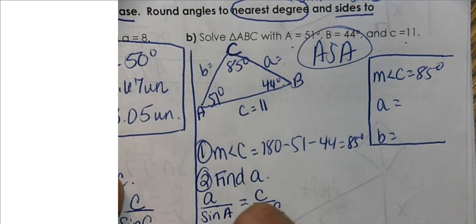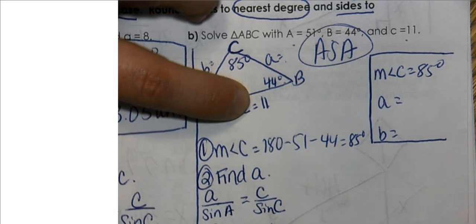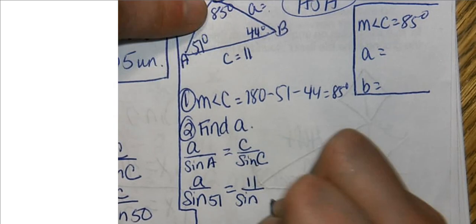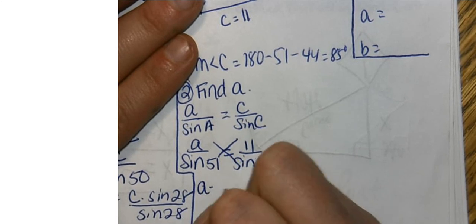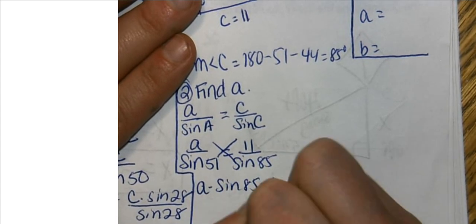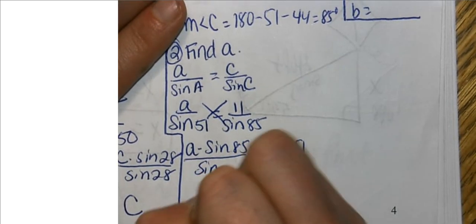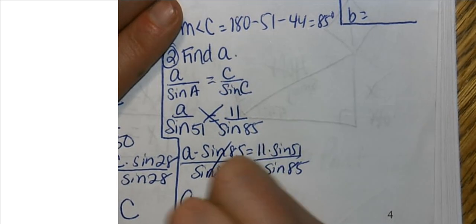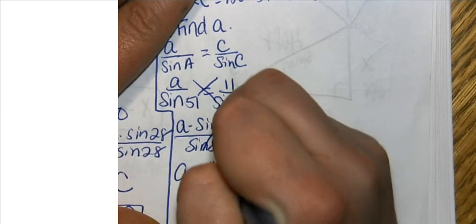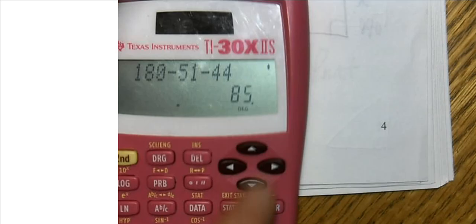So a, I do not know. I do know what angle A is, and so I'm going to write the sine of 51 equals little c, which I know is 11, divided by the sine of angle C, which is 85. So now I'm going to use cross product. So I have a times the sine of 85 is equal to 11 times the sine of 51. I'm going to divide both sides by the sine of 85. And when I do that, I end up with a is equal to 11 times the sine of 51 divided by the sine of 85, and I'm going to put this directly into my calculator.